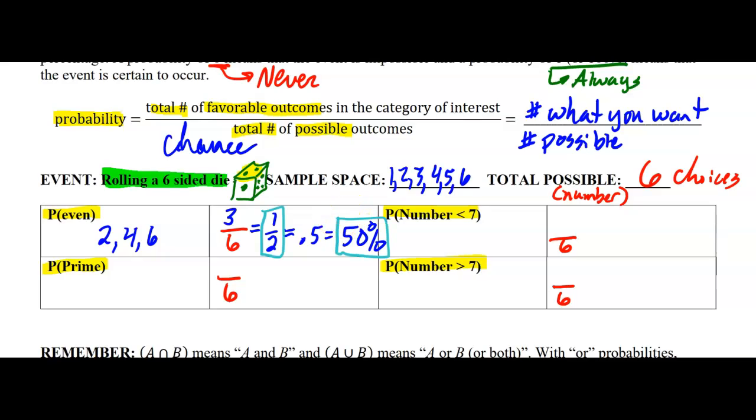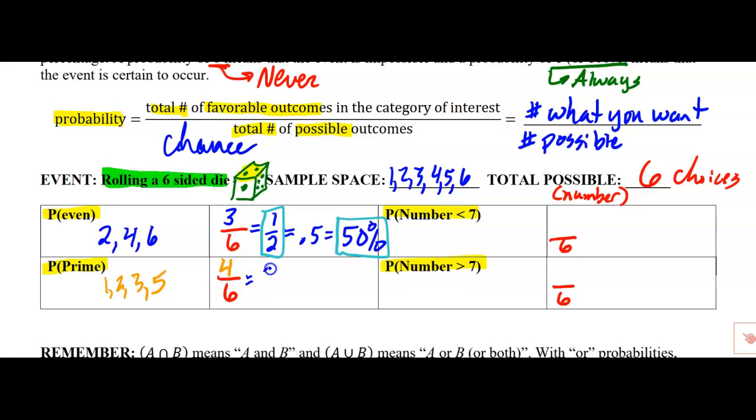So let's look at the next probability, which is prime numbers. So out of our sample space, what numbers are prime? 1 is prime, 2 is prime, 3 is prime, and 5 is prime. Okay, how many numbers are prime out of that set? Is 4.